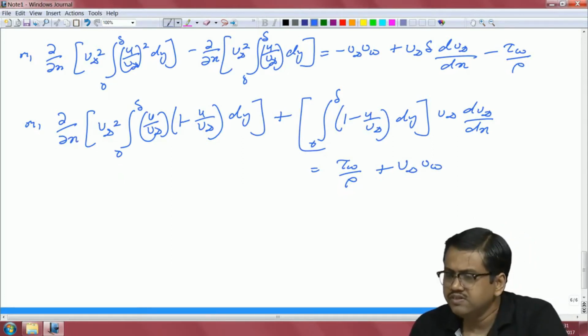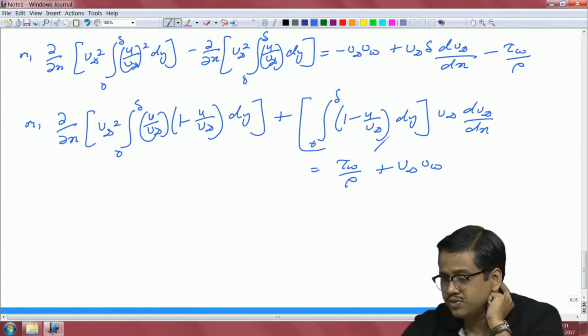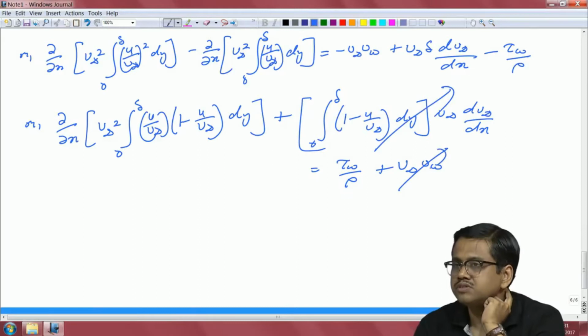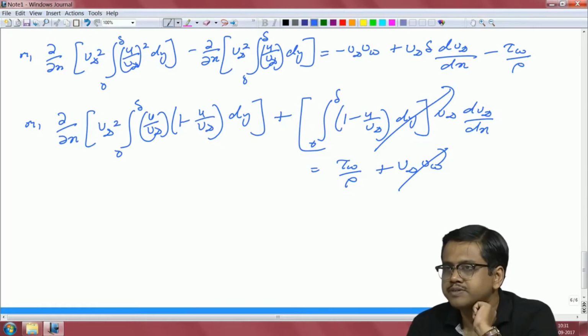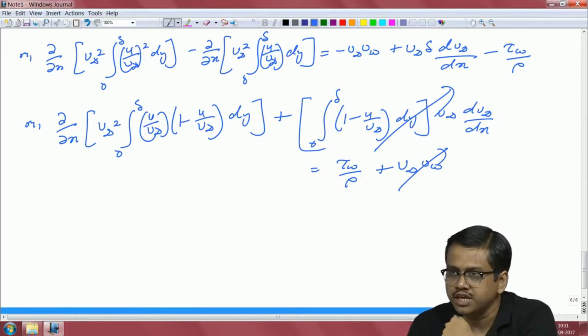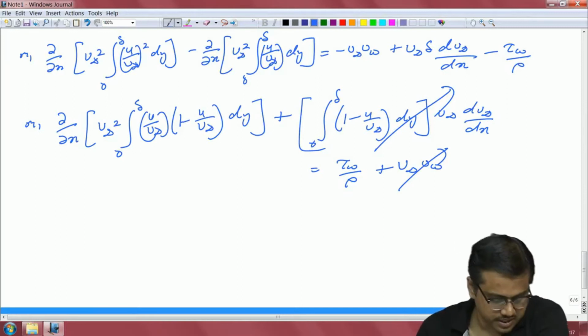Now, so this is the total form of this equation. Now, in many cases you will find that this will go to 0, this will go to 0. So, that will be the form that we will be left with, in the absence of any suction and blowing or in the absence of any variation in the free stream velocity, right.